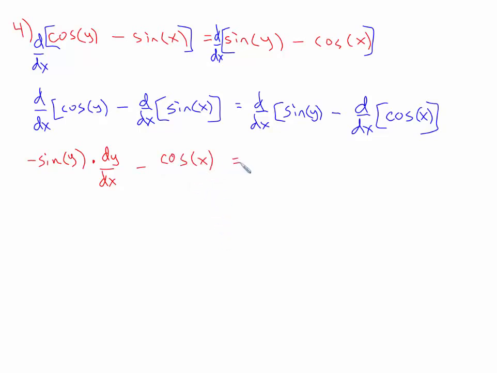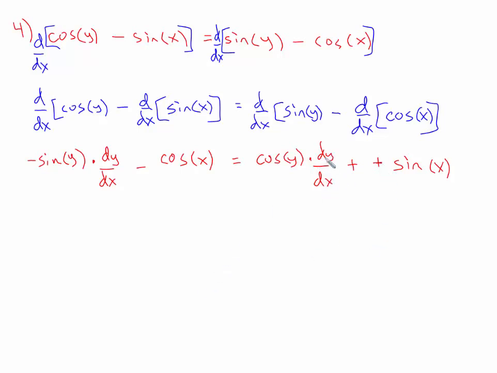This is equal to, over here taking the derivative with respect to x of something with y, the derivative of sine is cosine of y, but since this is y here, we need the dy/dx. Minus the derivative of cosine right here, which is going to be negative sine of x, which eventually the negative becomes plus.